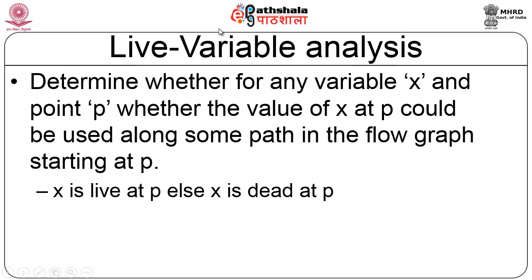This is what was used as a basis for your register allocation computation. So x is said to be live at P, else x is said to be dead at that point P itself.